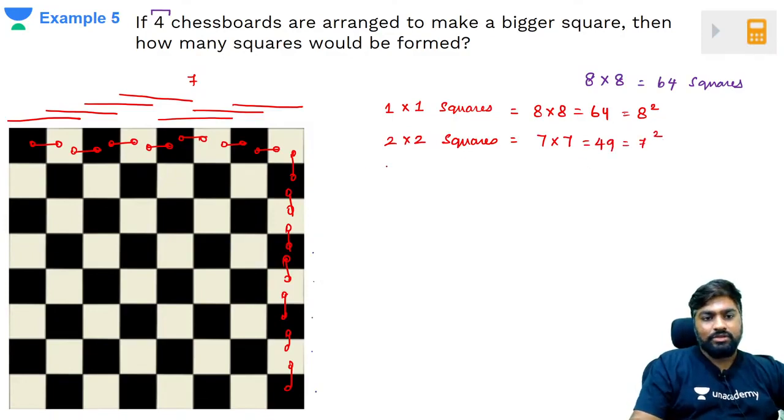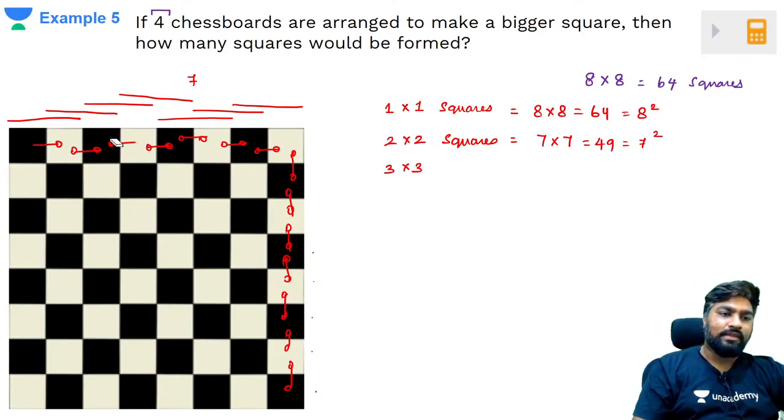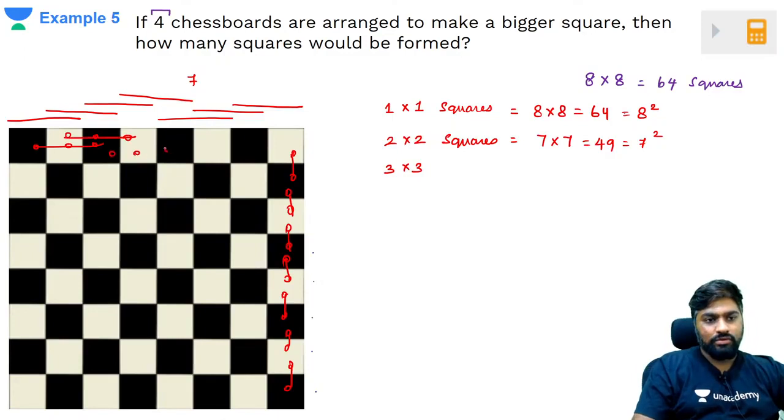Yes. So this way, if we look at 3 cross 3, what would happen? Try and understand the logic. What would happen? 3 cross 3, 1, 2, 3. This is 1, 2, 3. Yes. Same way, moving further, 4, 5, 6.